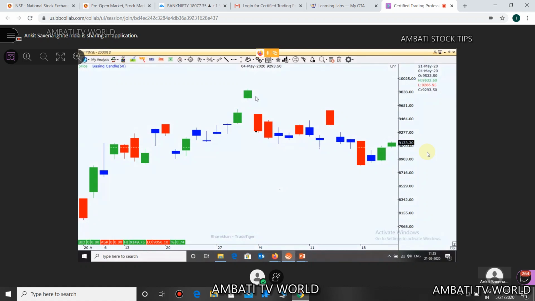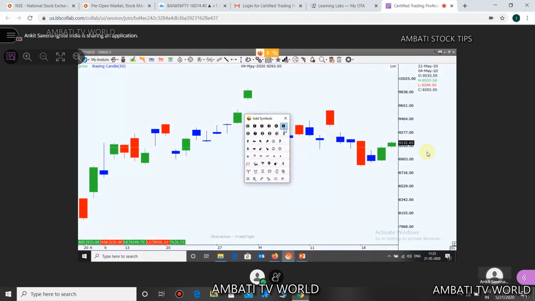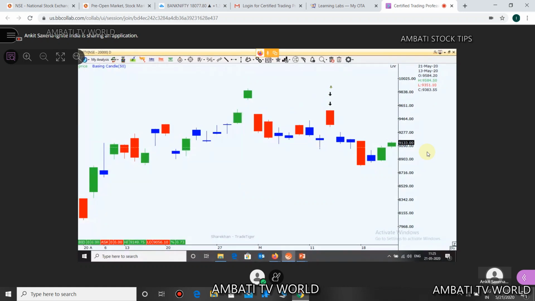If the data is not available, I can only say, if I see this red candle here, are you with me, Naveen ji? Please concentrate here. It's clear to you?